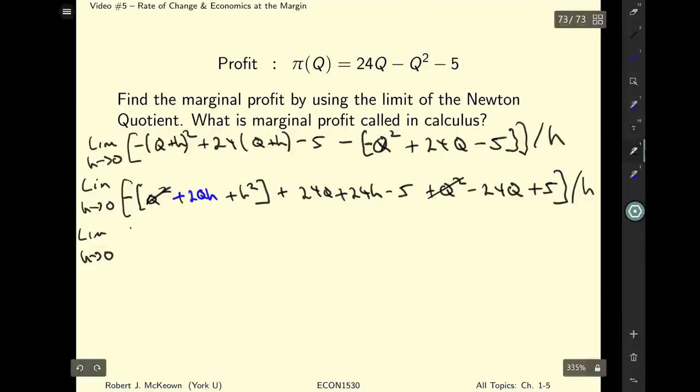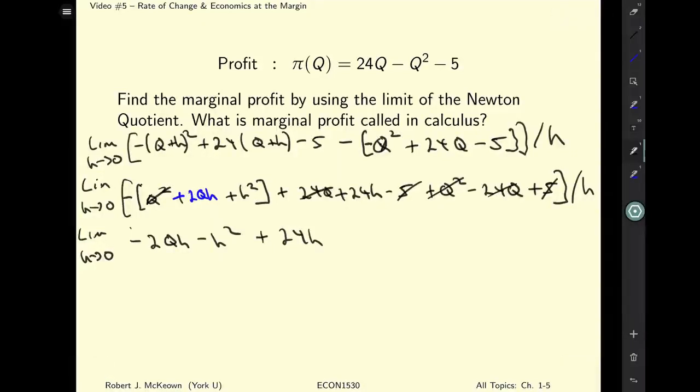So I'll leave negative 2qh minus h squared plus 24h, the 5s are gone, and this whole thing is divided by h.